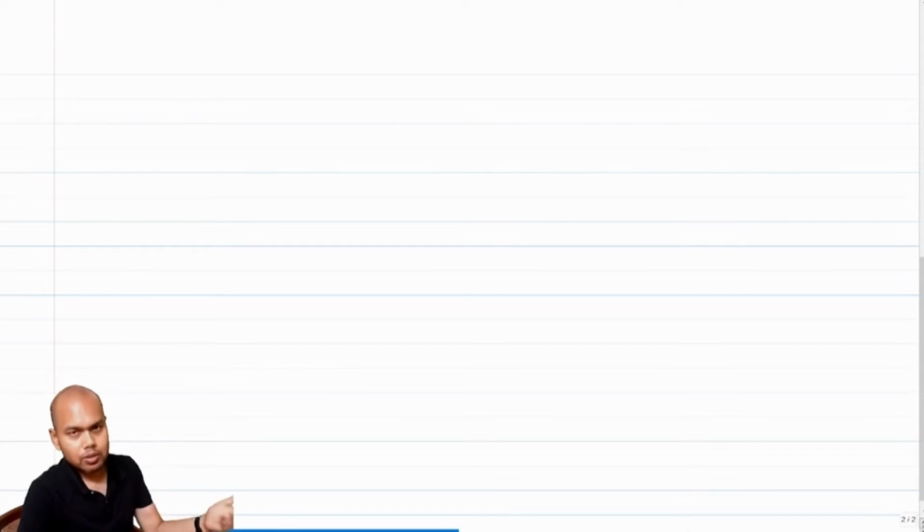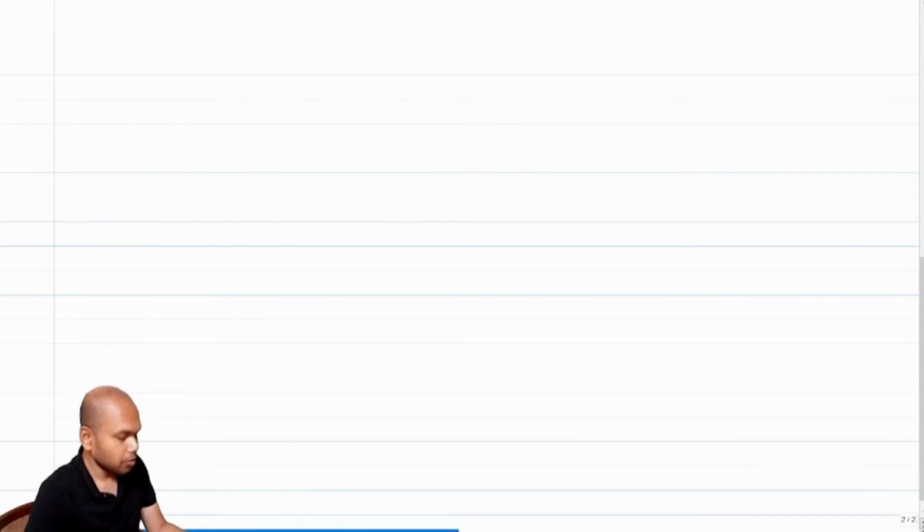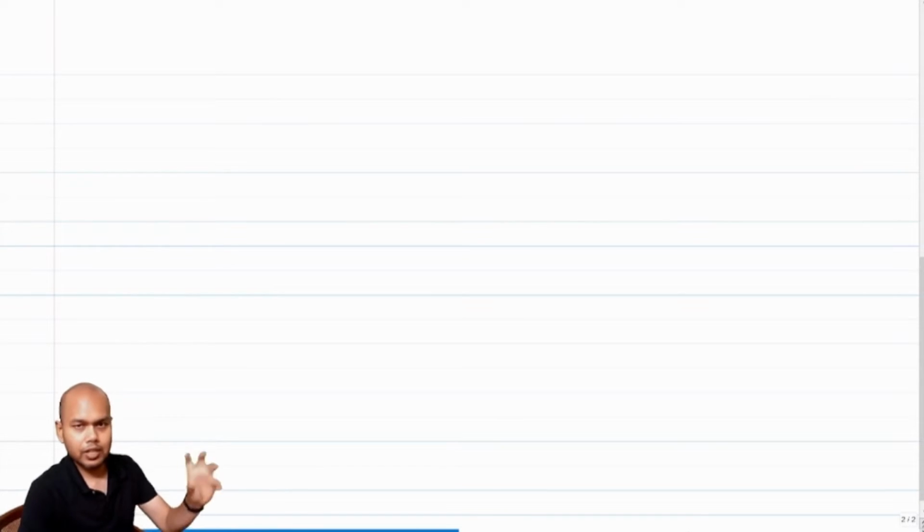So what we will do next is sketch the IV characteristics of this MOSFET, because this MOSFET in itself can behave like a two-port network, and we will see whether this satisfies our requirement, right?